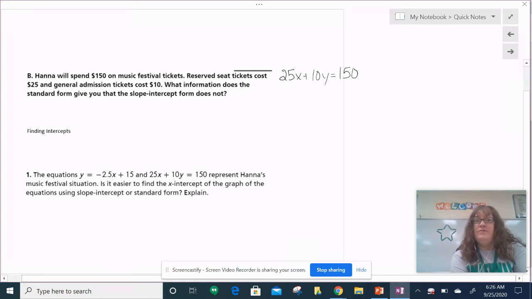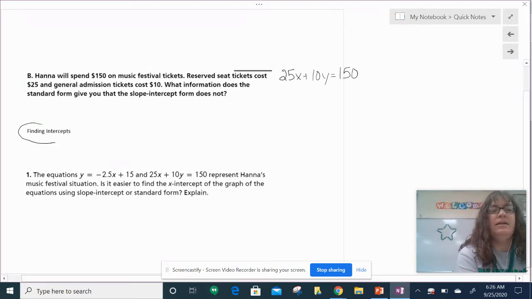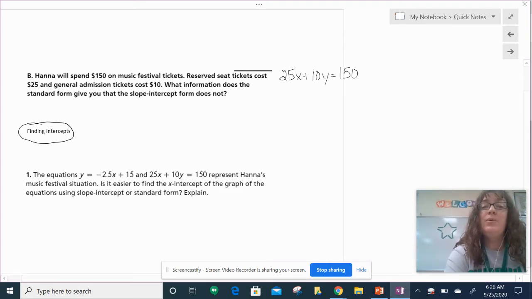Now looking at this versus slope-intercept form, I don't see a slope here. There's no m in this equation. It doesn't tell me a y-intercept just looking at it. But what it does allow me to do very simply is find the intercepts. What do I mean by intercepts? It allows me to very quickly find where this line is going to cross the x-axis and the y-axis.